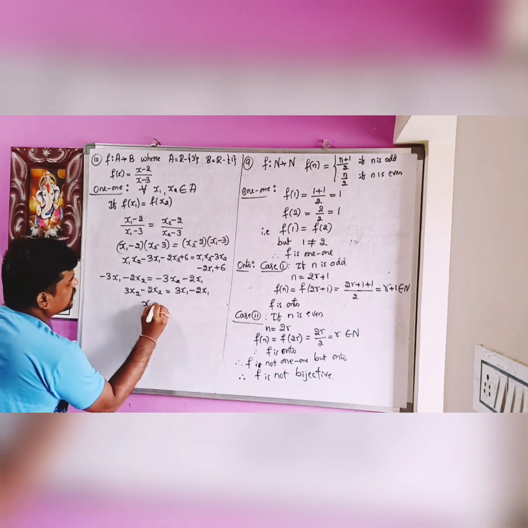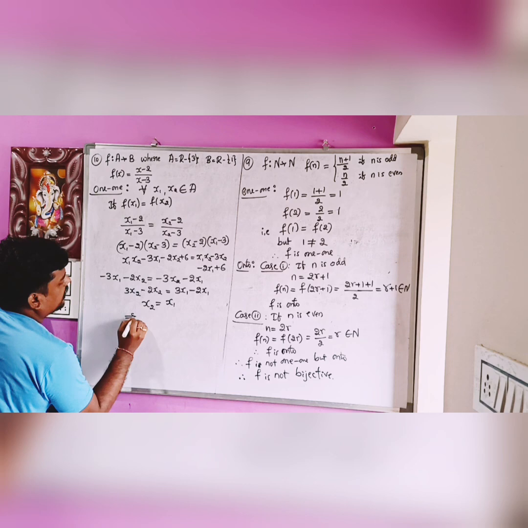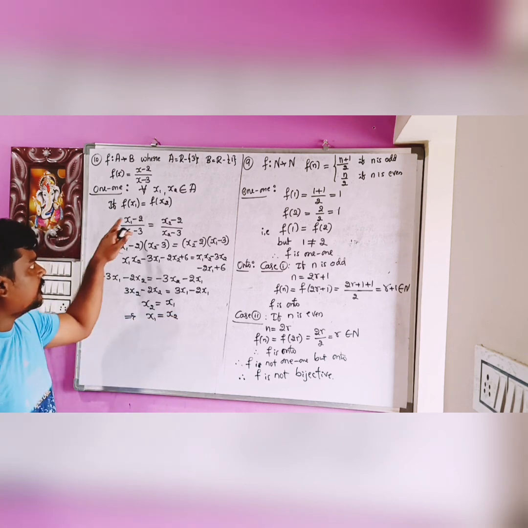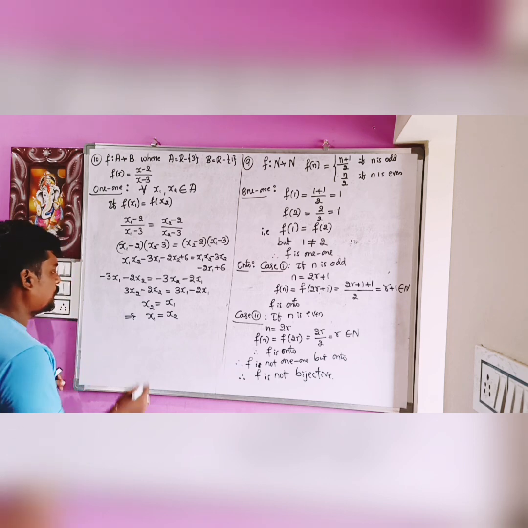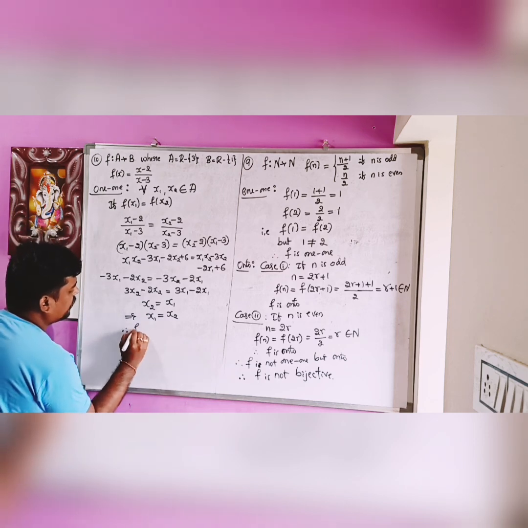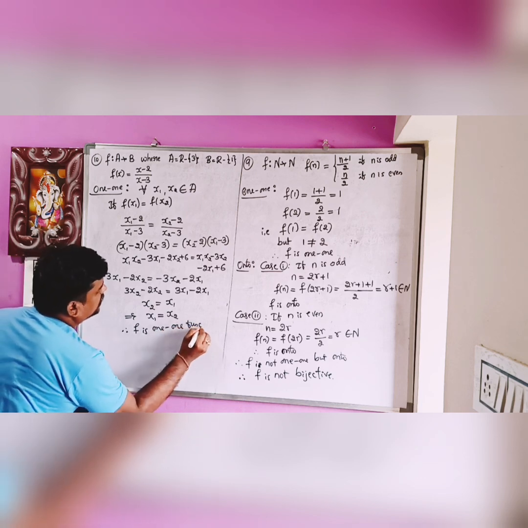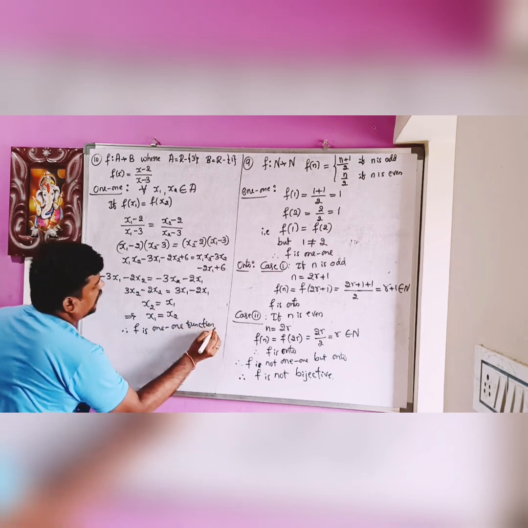So x2 is equal to x1, which implies x1 is equal to x2. We have considered f of x1 equal to f of x2 and proved x1 equal to x2. Therefore f is a 1-1 function. Now we check for onto function.